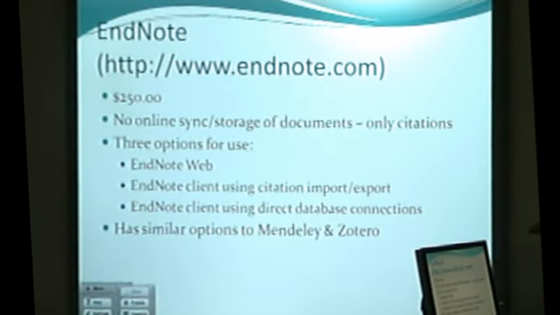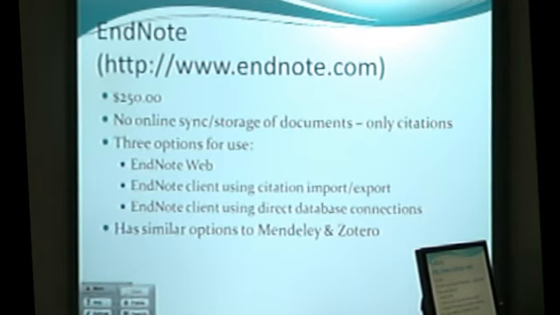There are 3 different modes that you can use EndNote in. One of them is called EndNote Web, which is an online interface where you can enter citations and manage them that way. Obviously, the nice thing about that is you can access it from any place, but it does have some limitations too. The second mode is using the EndNote client, which is a program that you install on your computer when you pay the fee.